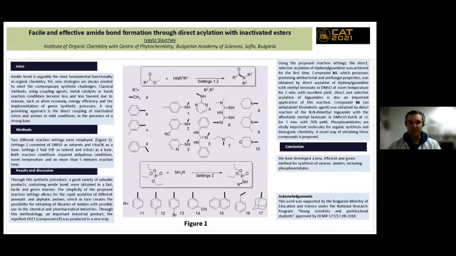So we did a series of these, called phosphoramidates, which are very valuable products for a lot of scientific and commercial fields.